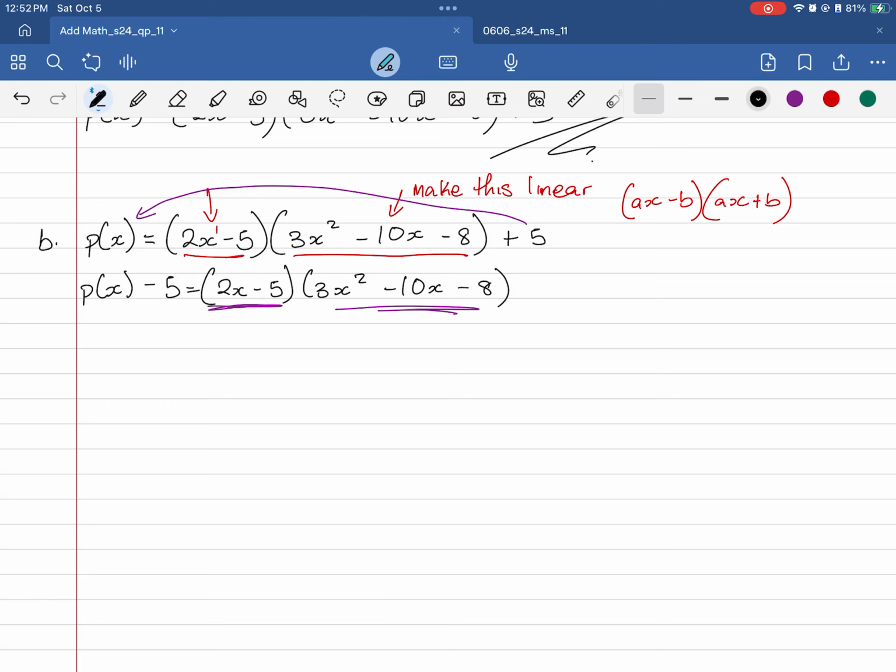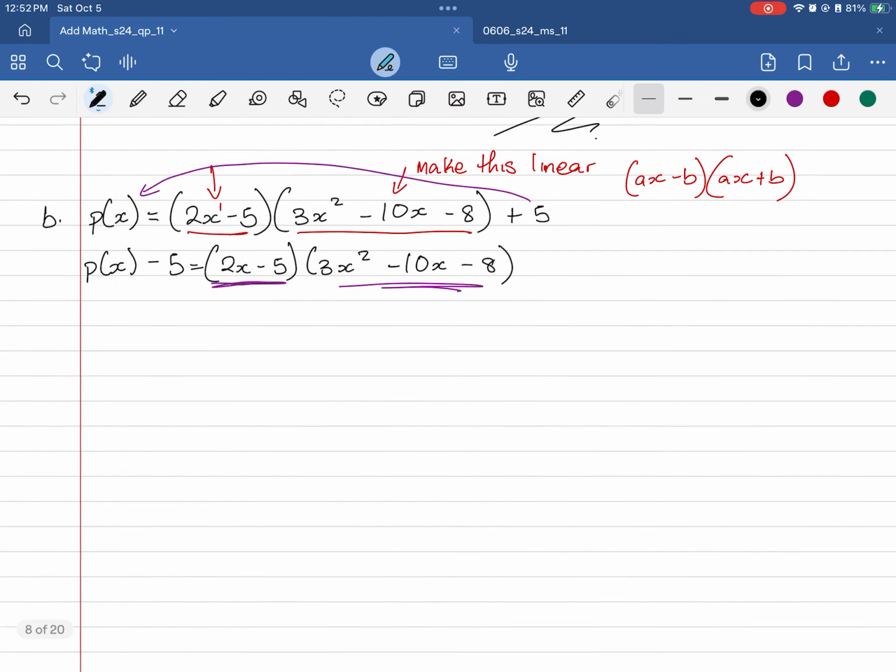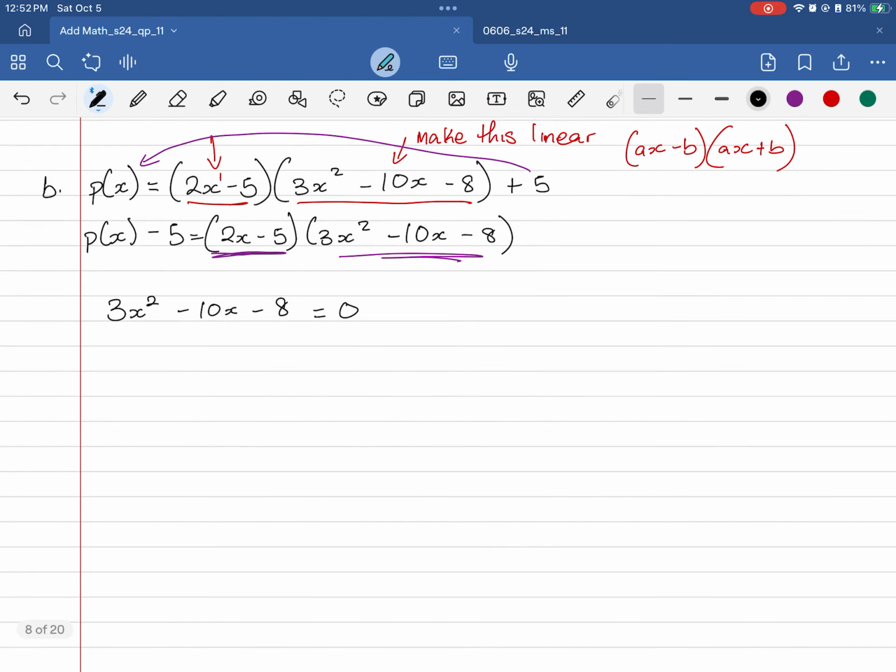Now how do we do that? We are going to factorize this equals 0. The way I still factorize is, if you know how to factorize, go ahead and do that. But this is the way I still remember to factorize.